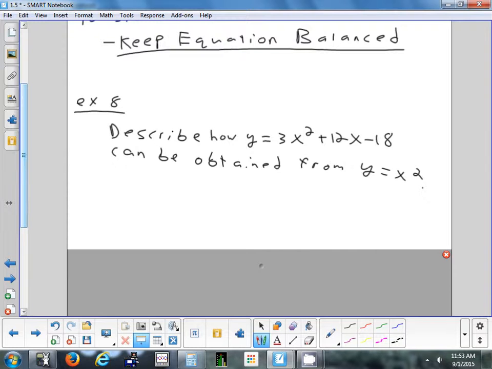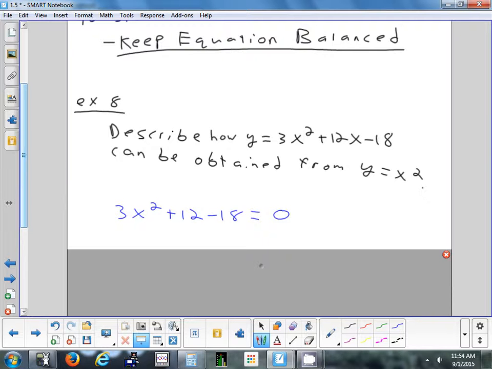So I'm just going to switch it around. 3x squared. And instead of putting equals y, when you're completing the square, just put equals 0. We can change it back to y after, but for now, just put equals 0.